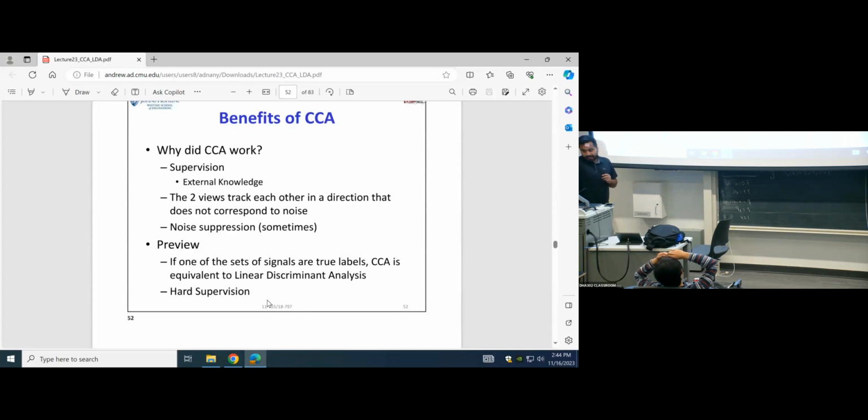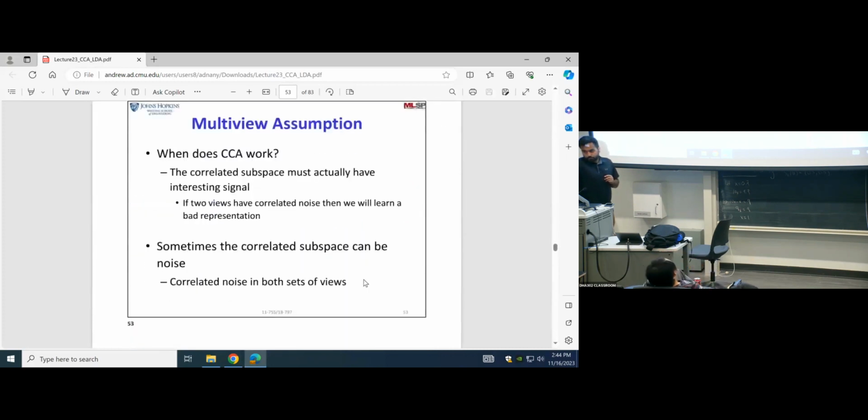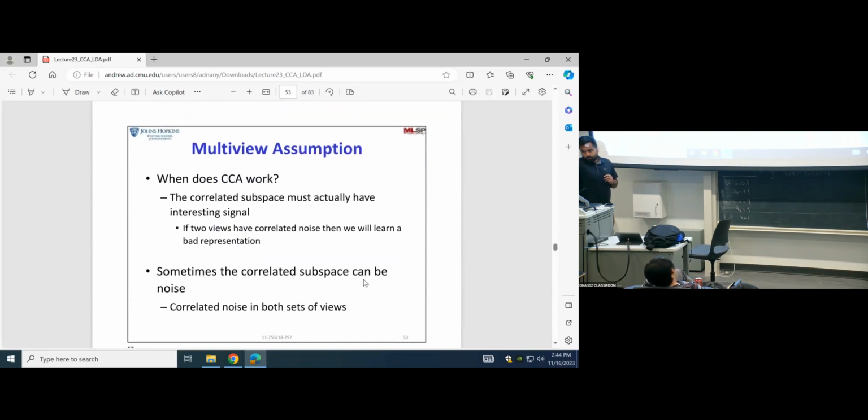And if you have heard of LDA, CCA is the same as that when there are labels involved. There's only a point of doing CCA if you have a strong feeling that there is some correlation between the two variables. CCA will explore that space fully.